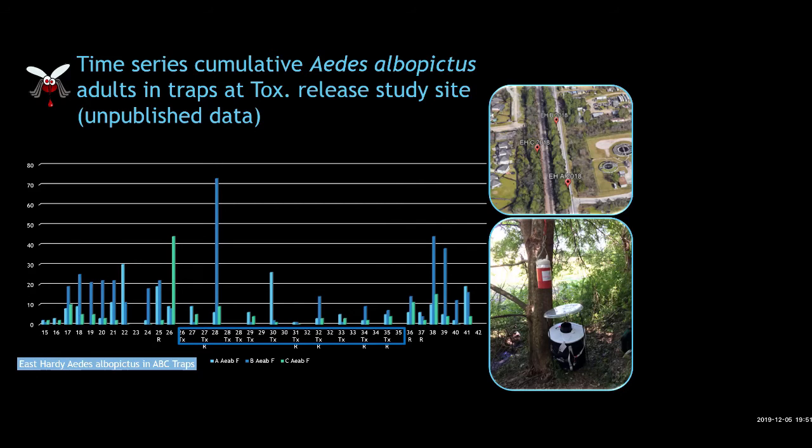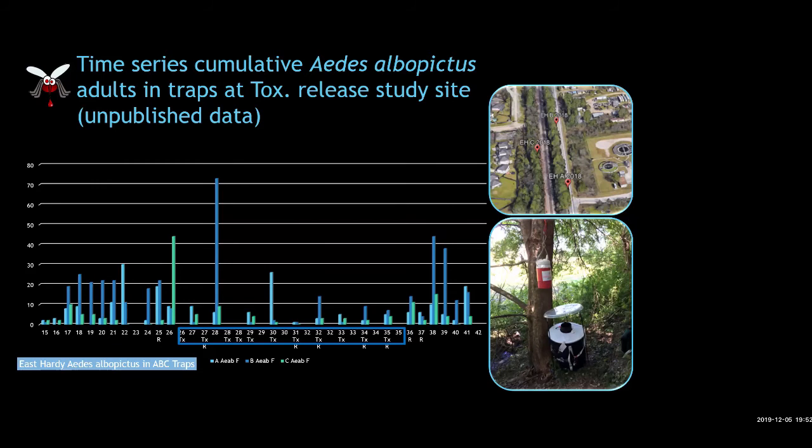you see a resurgence of Aedes albopictus, which doesn't look good on this chart. However, in follow-up research, we found that if you look on the top right picture on that aerial view, there is a wastewater treatment facility. They actually had an incident that just coincided at the end of our releases, where there was an incident at that facility, and they actually produced an ungodly amount of mosquitoes quite by accident.